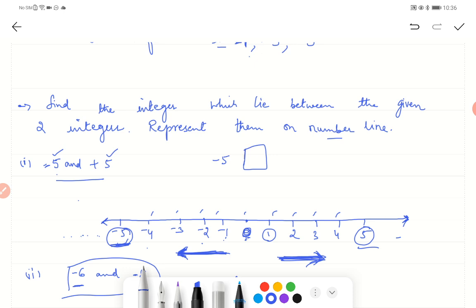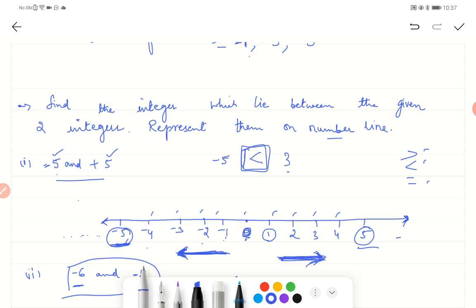Out of greater than, less than, or equal to, what symbol can I use in this box? Minus 5 is not equal to 3. So minus 5 is less than 3.